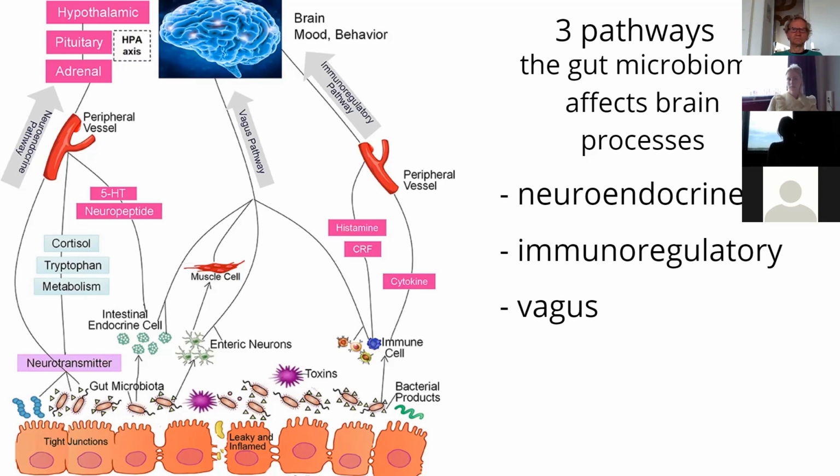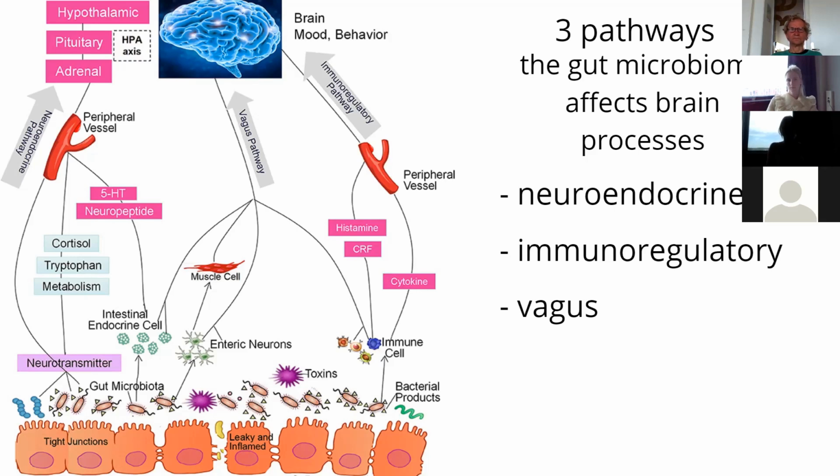And this is coordinated through cortisol regulation, because cortisol is the main stress hormone of the body. So tryptophan metabolism is also regulated through this pathway, and tryptophan is a precursor of the hormones serotonin and melatonin, which are both very important for a regulated sleep cycle.